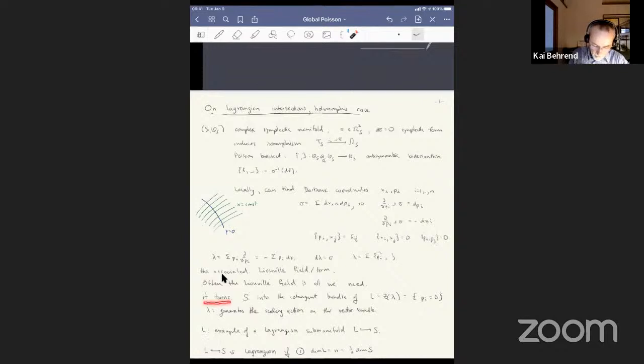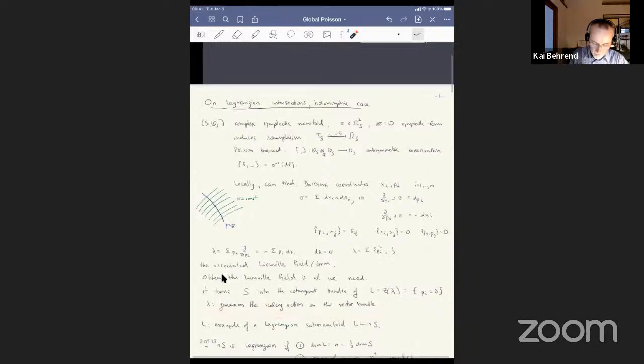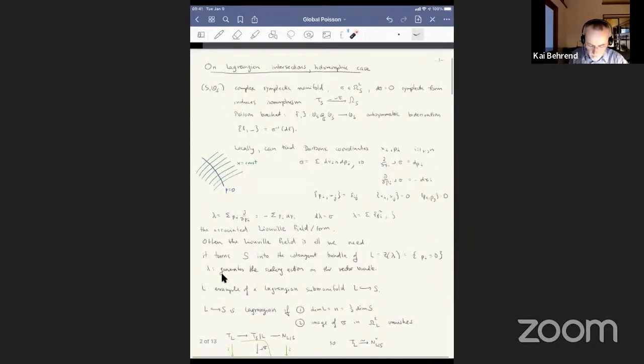What it does, one way to look at it, turns S into the cotangent bundle of L. L is the zero locus of lambda, where the p's vanish, and lambda generates the scaling action of this vector bundle.